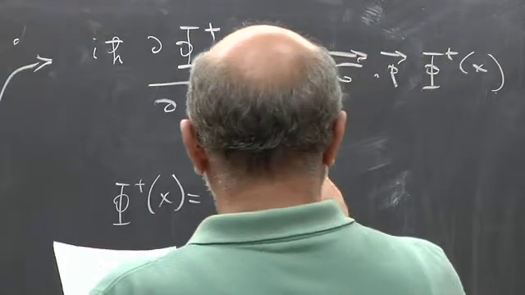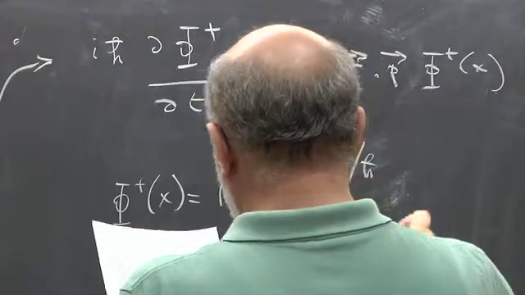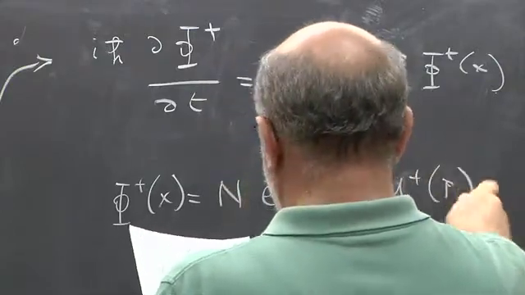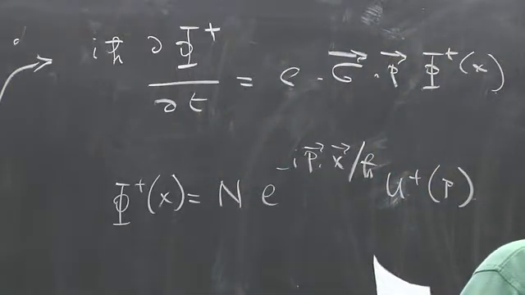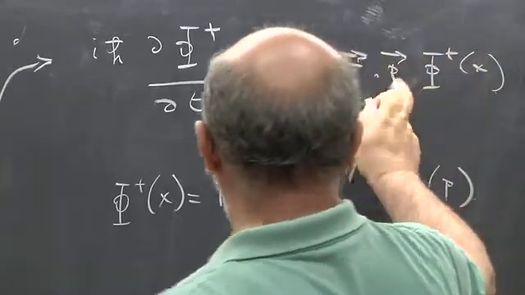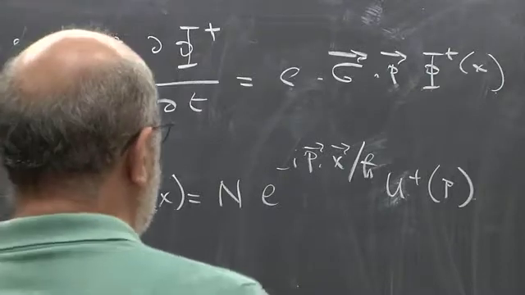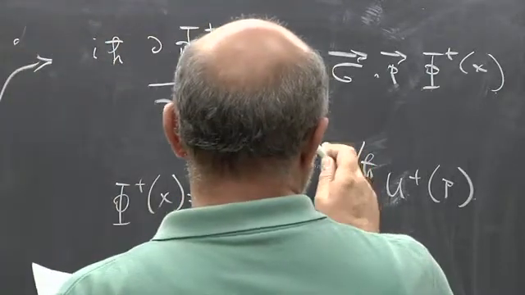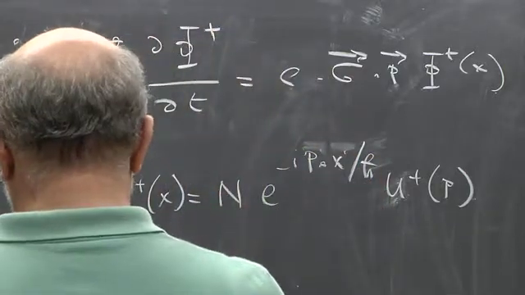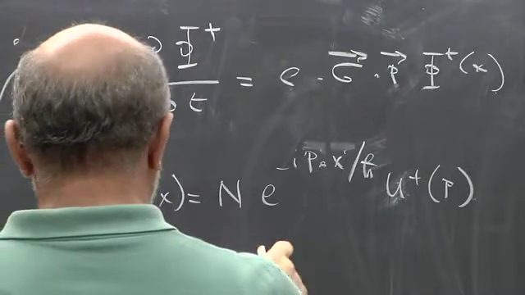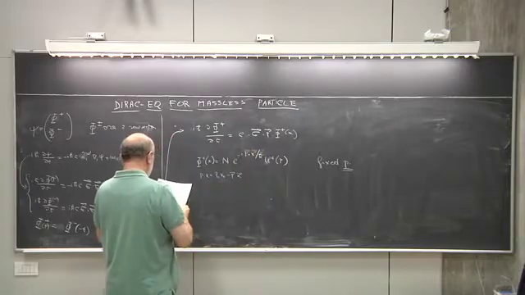Then I put exponential of minus i p·x over ħ times u+ of p. I did this for fixed p. So I choose a fixed value of p, and I choose a solution of that form. Now this p·x is four-dimensional: p·x means p0 x0 minus p times x. So this is a four-dimensional scalar product.